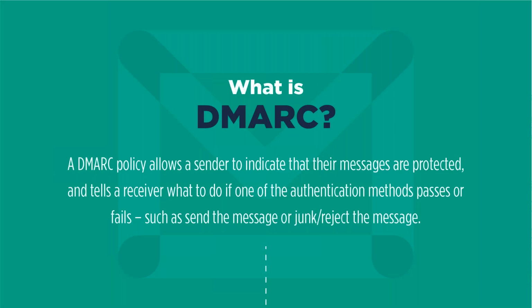So messages coming from your domain, we need to check those and make sure that they're coming from an authorized location, make sure that they're passing the authentication checks, and then act accordingly, based on the sending organization's policy, right?